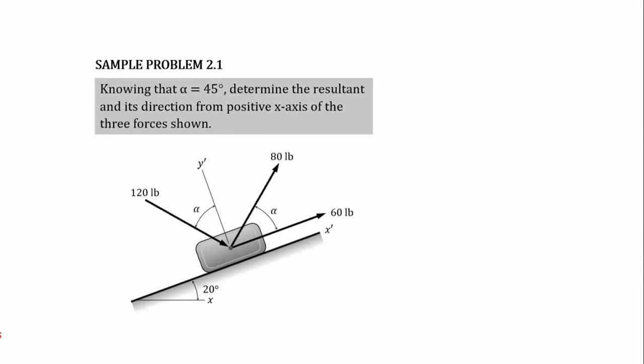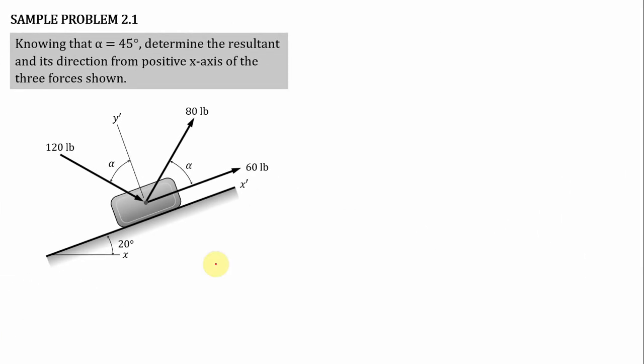Okay, so sample problem 2.2. Okay, problem 2.2 ito. Okay, so knowing that alpha is equal to 45 degrees, determine the resultant and its direction from positive x-axis of the three forces shown. Okay, so may figure tayo dito, no? So, may tatlong forces tayo.